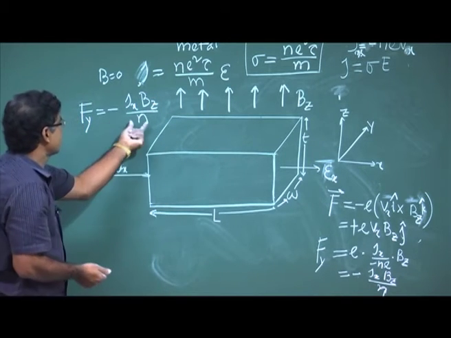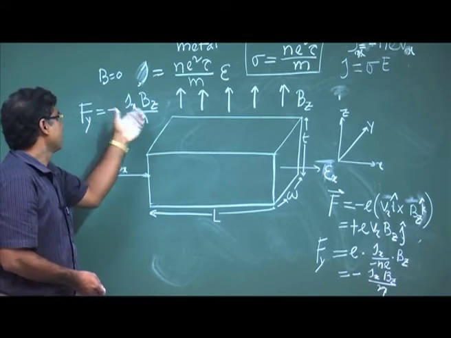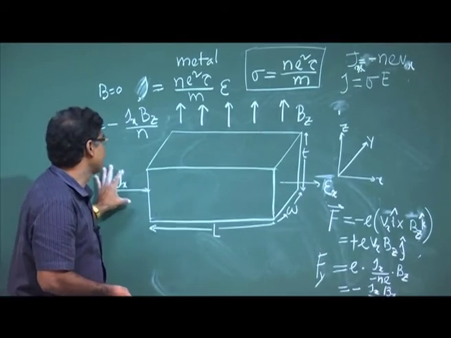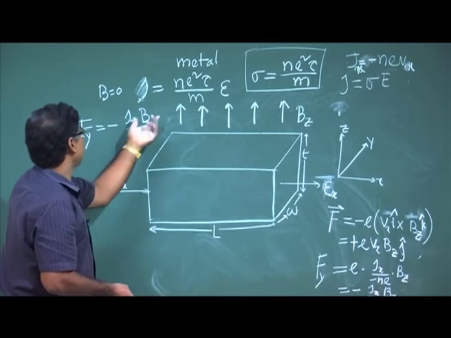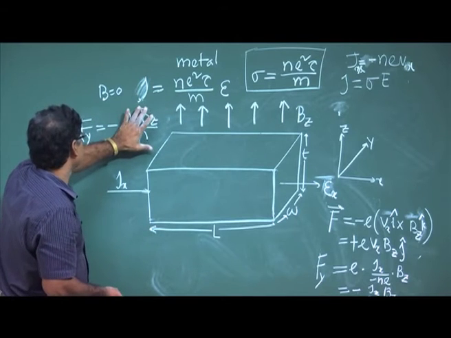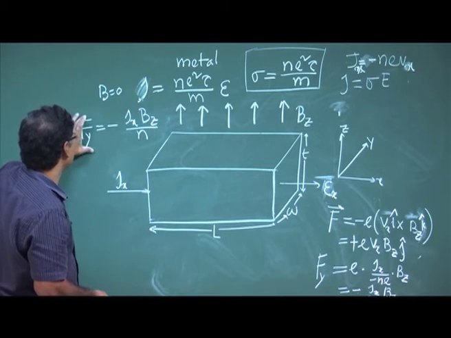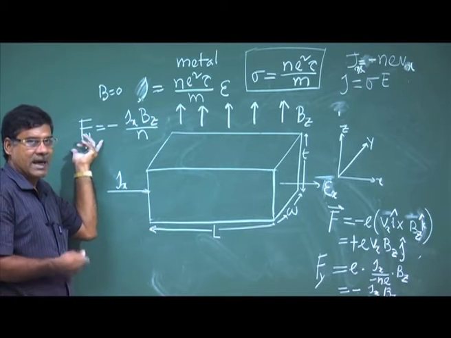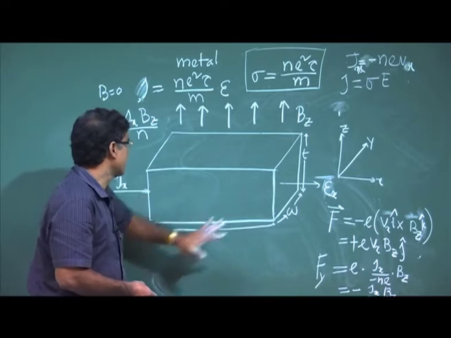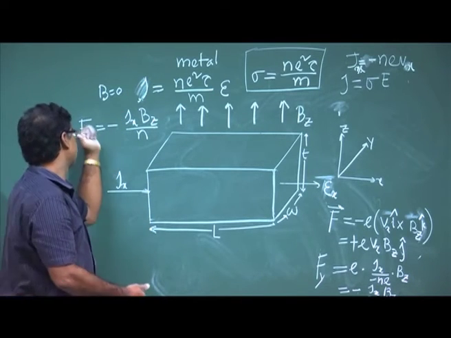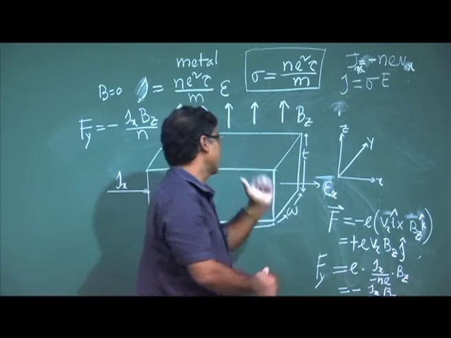So, here what is this? This is the carrier density. J_x is set to a constant value, some particular current density we have set in this sample. Now, a particular magnetic field we have applied, so this amount of force will act on the moving charge carrier. Here it is a negative sign, that means this force is along the negative y direction.